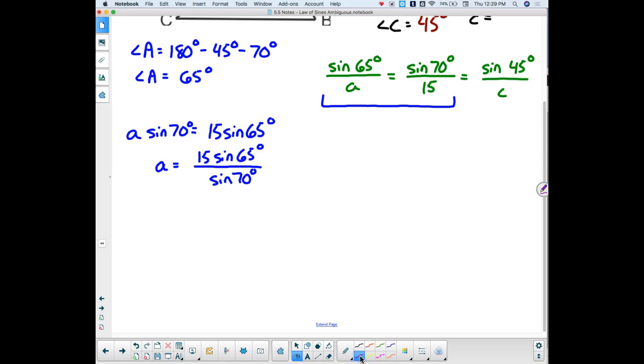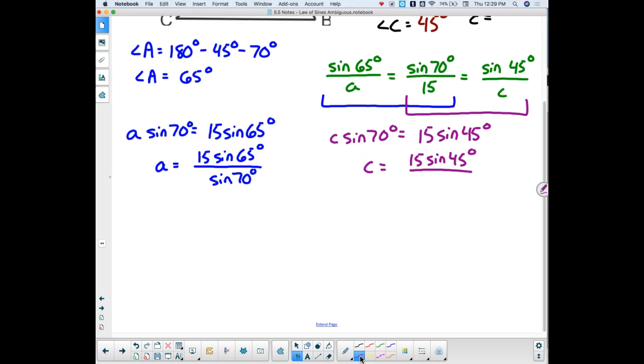I would also get, using those two, that C times the sine of 70 degrees is equal to 15 times the sine of 45 degrees. So that C then is 15 sine of 45 degrees divided by the sine of 70 degrees. And now here's where I go to my calculator and I figure out those two values.